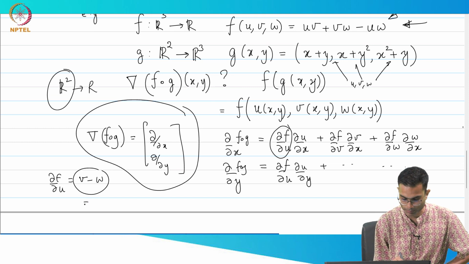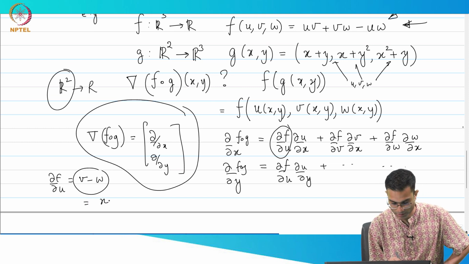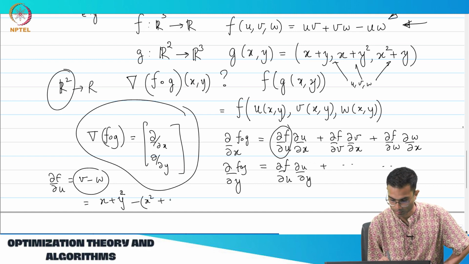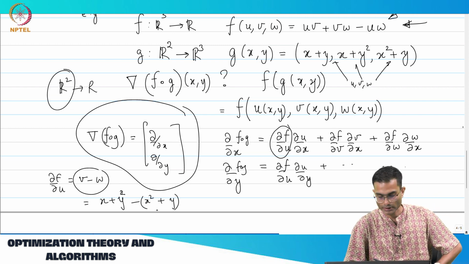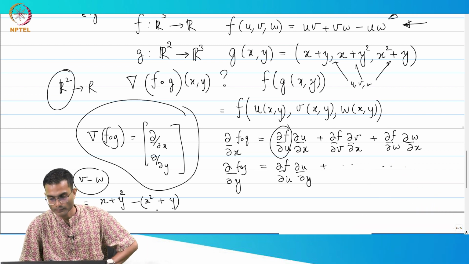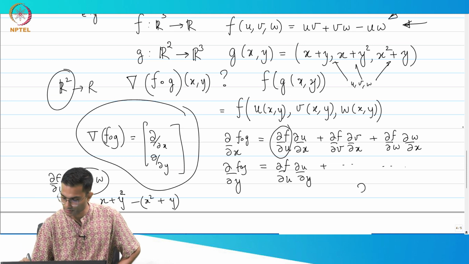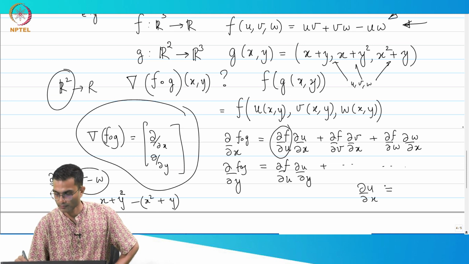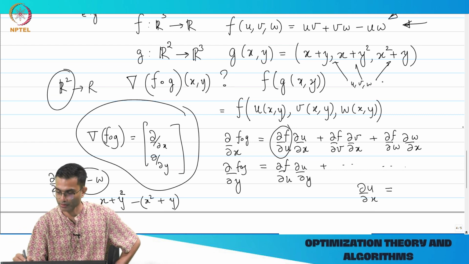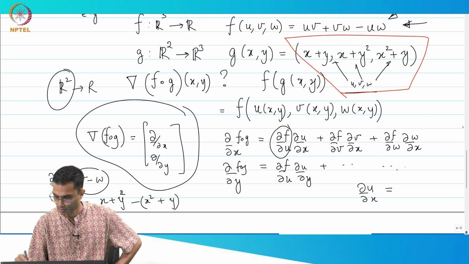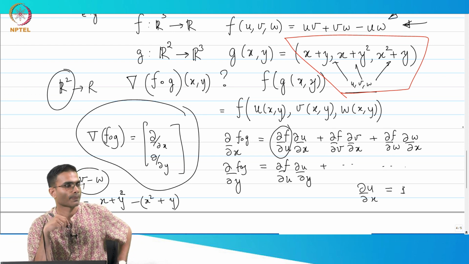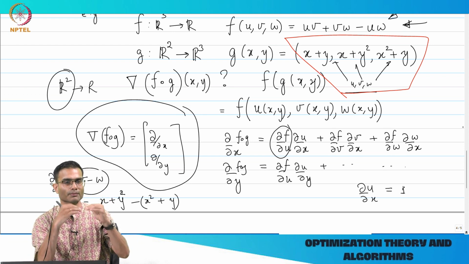So this v minus w is going to be x plus y squared minus x squared plus y. That's how I get my df by du. What about du by dx? 1, because of the expression that I'm using over here.